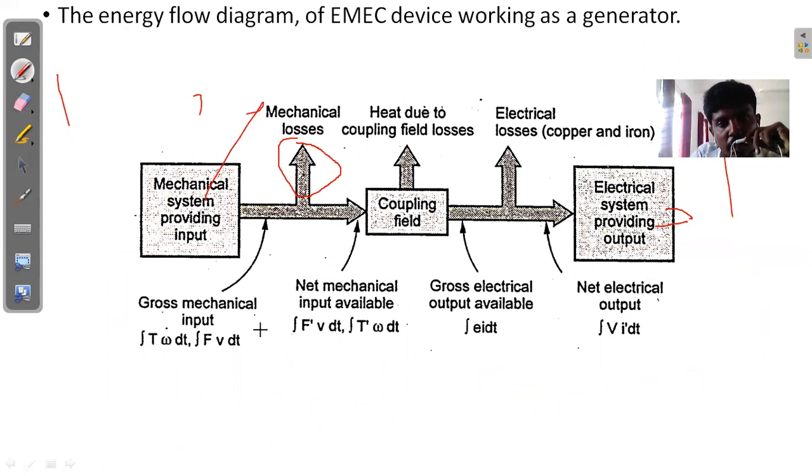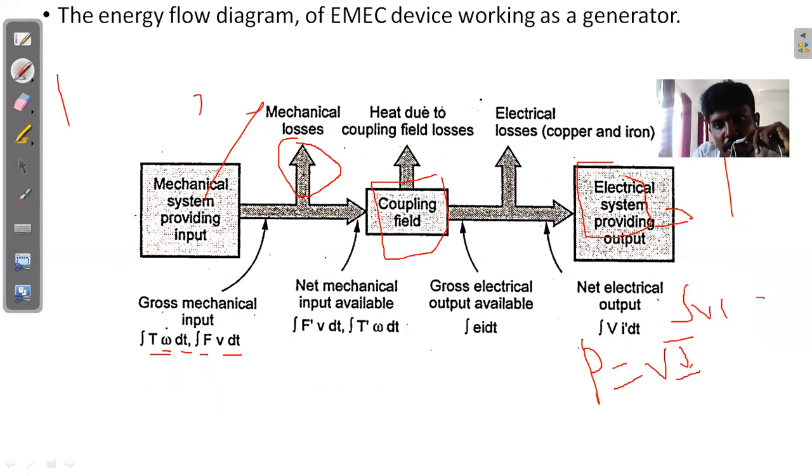The mechanical input can be represented in terms of torque and angular velocity, the integral of T into omega dt, or in terms of force and velocity. This is the coupling medium, where the losses occur. The electrical output is power equal to V into I, represented by the integral of V into I into dt.